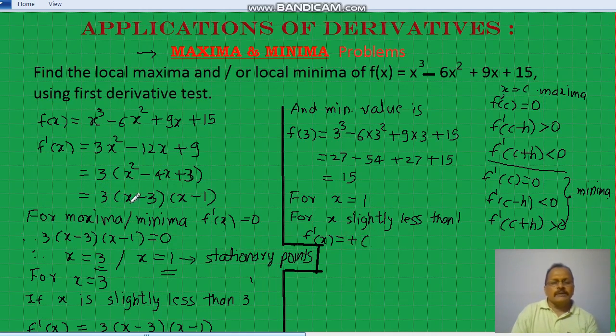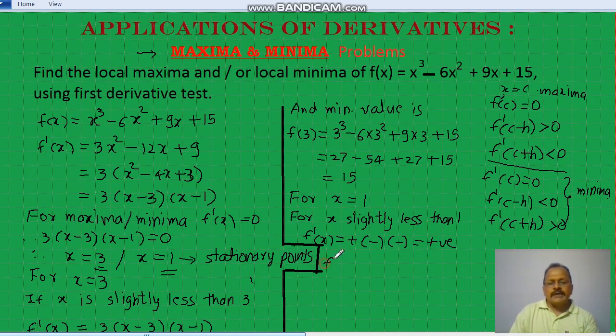Second number x minus 3, x is slightly less than 1, it is near to 1, so this number is negative. And x minus 1, x is less than 1 minus 1, it is a negative number, and you get a positive value. Two negatives give you a positive.